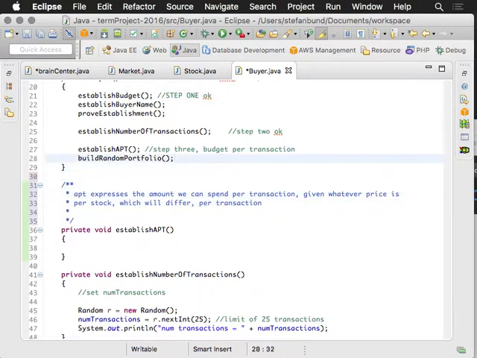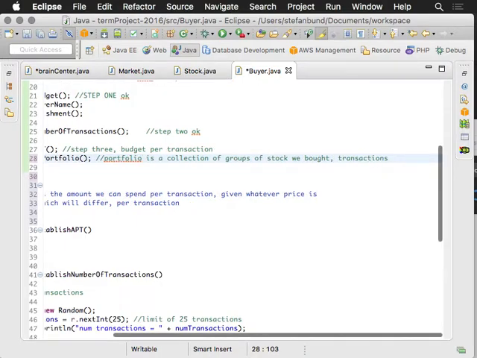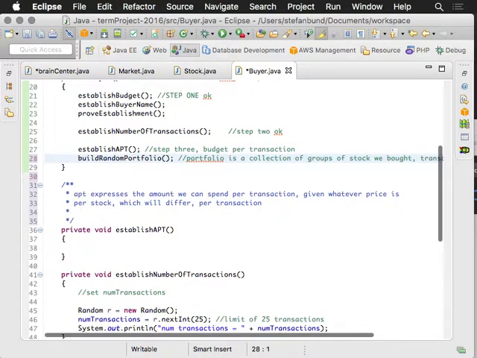And then what we'll say is, understand the portfolio is a collection of groups of stock we purchased, we bought, otherwise known as transactions. Okay? Just so we have a vocabulary that means something.